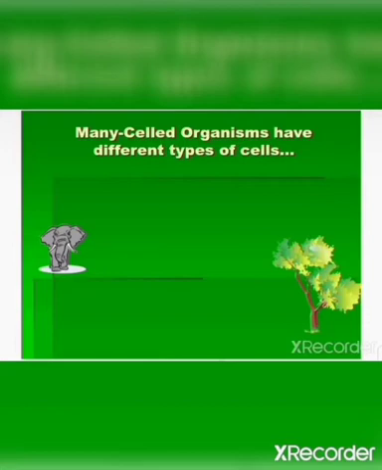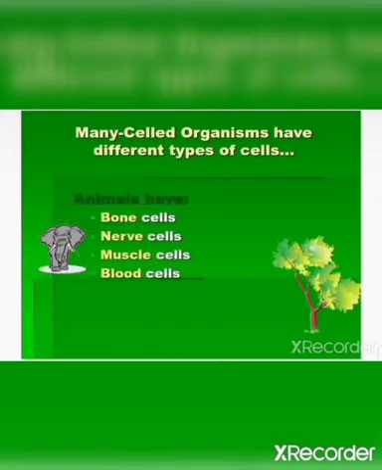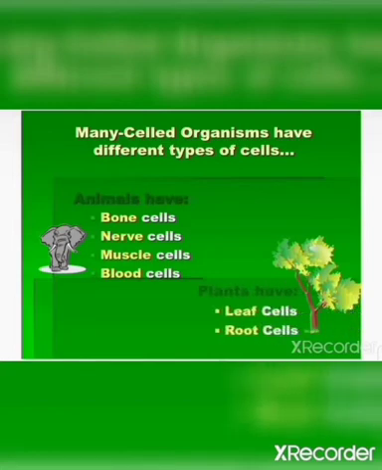Many-celled organisms have different types of cells. For example, animals have bone cells, nerve cells, muscle cells, and blood cells. And plants have leaf cells and root cells.